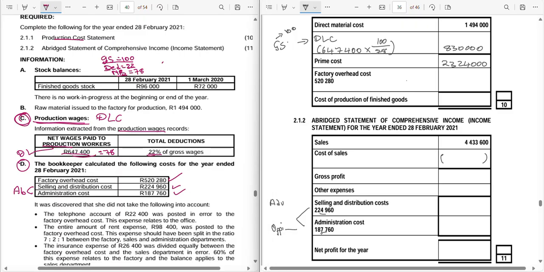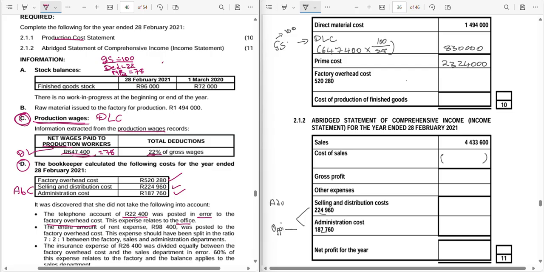Now they are saying it was discovered that you did not take the following into account, meaning these are not recorded. So what we need to do is to record them. The telephone account of 22,400 was posted in error to the factory overhead cost. This expense related to the office.